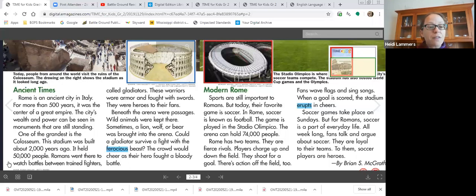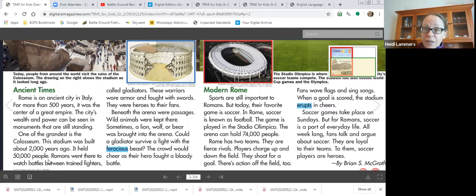It held 50,000 people. What does that mean, it held 50,000 people? So that means that's the number of fans, people that could come watch the sports, 50,000. I'm not sure how many people can go to our modern stadiums, like to watch football or baseball or soccer.